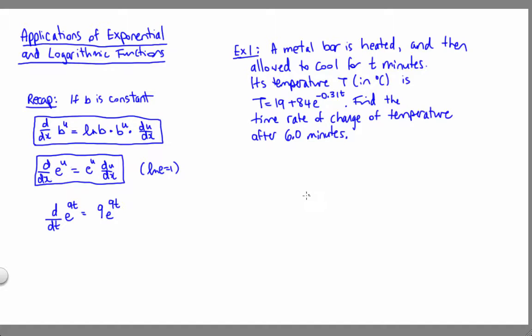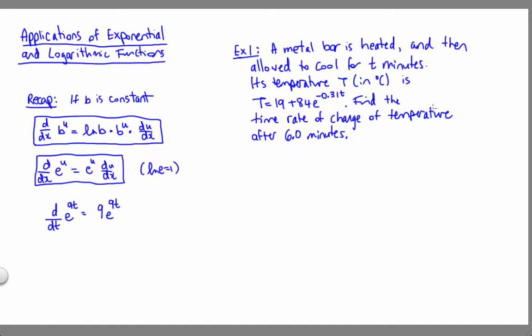First example, a metal bar is heated and then allowed to cool for t minutes. Its temperature T in degrees Celsius is given by the following formula. Find the time rate of change of temperature after 6.0 minutes. Notice that we're using little t for time, capital T for temperature.